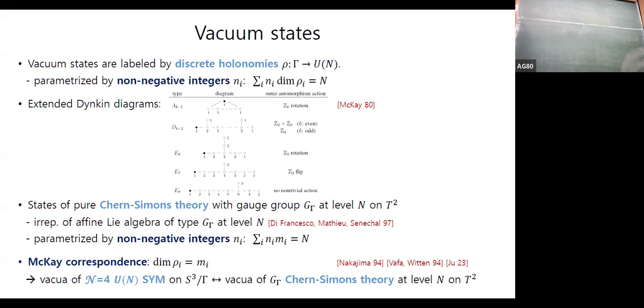This m_i is now the comark for the Lie group, and we know that by McKay these two integers are the same, meaning that we have found the one-to-one correspondence between vacua of the N=4 U(N) super-quiver theory on S^3 mod Gamma and the vacua of G_Gamma Chern-Simons theory at level n on the torus.